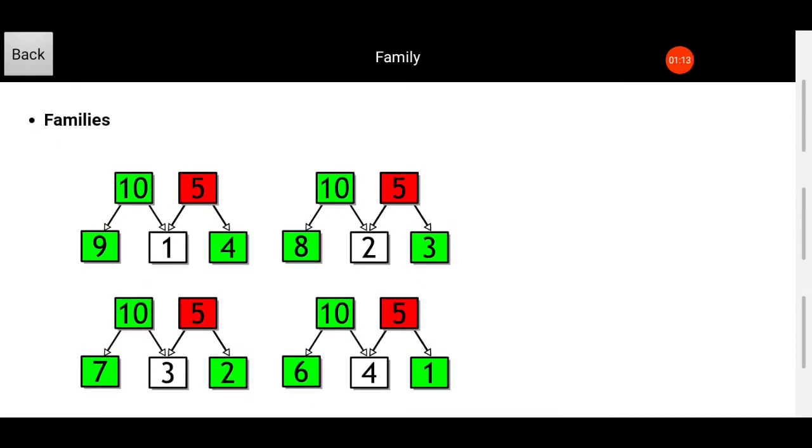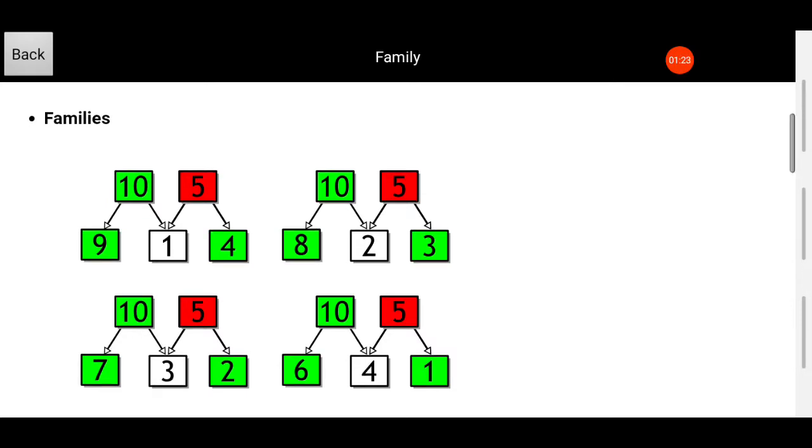Now there are many types of families. For example, the 10th family, left 1/10 family, right 1/10 family, and the next one. So note it.